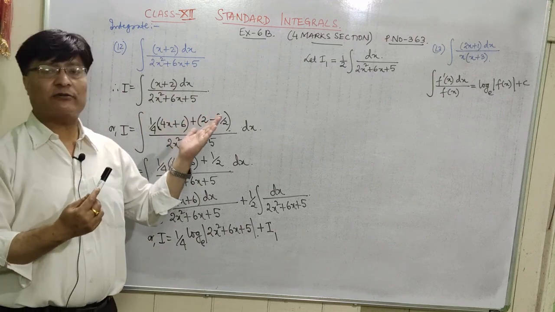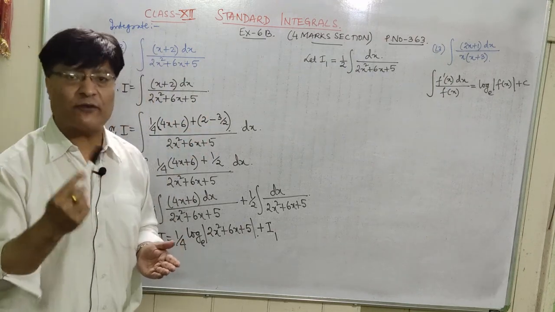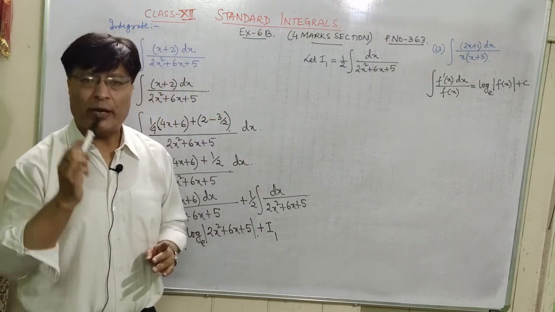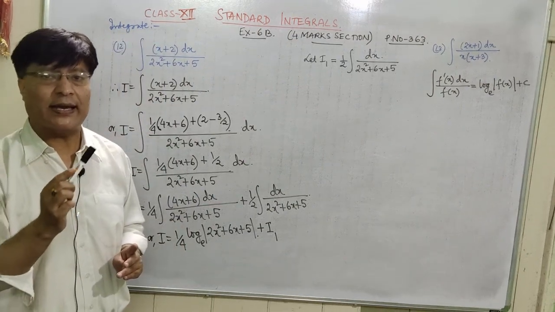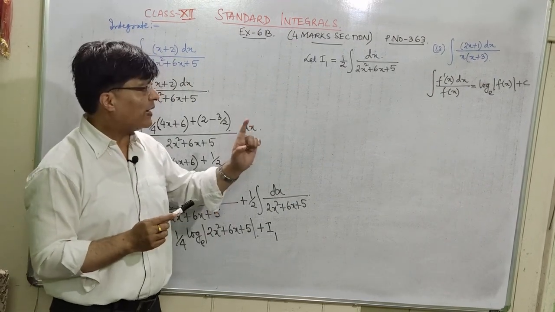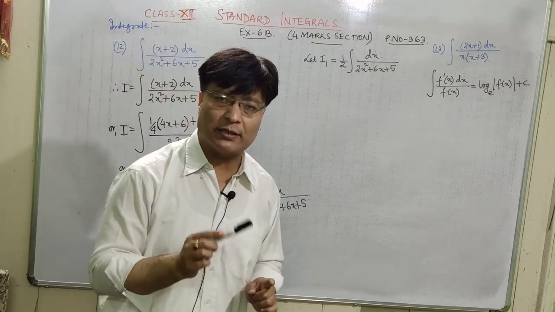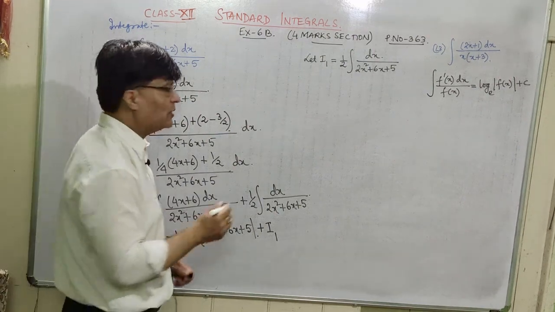Now this cannot be factorized, so you have to convert it into perfect square form first. As I told you, you have to make the coefficient of x square positive 1, as we have done in the previous problem. That means you should take 2 as common, isn't it?